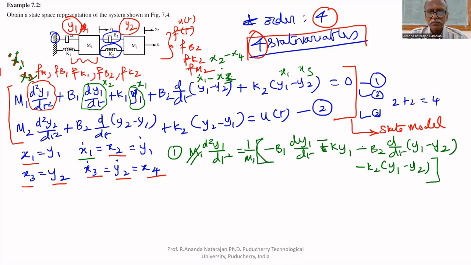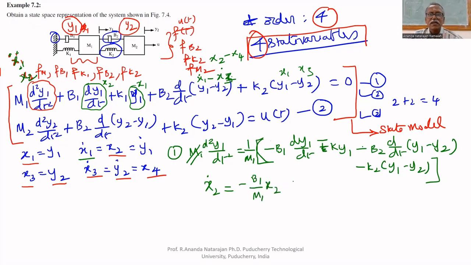1 by m1. Therefore, x2 dot equal to minus b1 by m1 times dy1 by dt, which is x2.